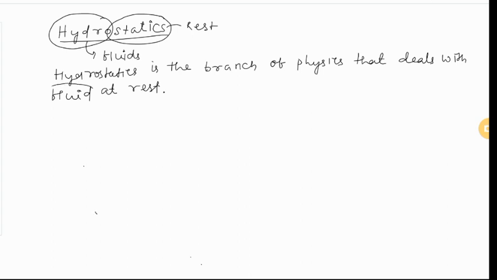Now here is a term called fluid. What is fluid? Fluid is something that can flow. Something that can flow is called a fluid.